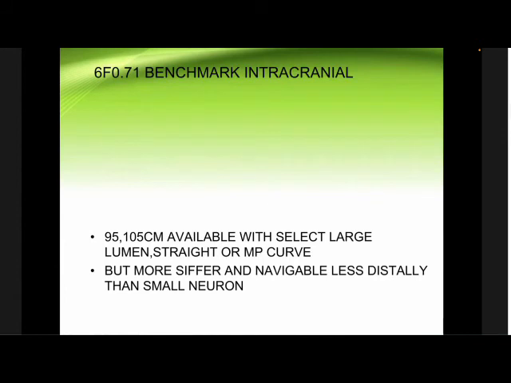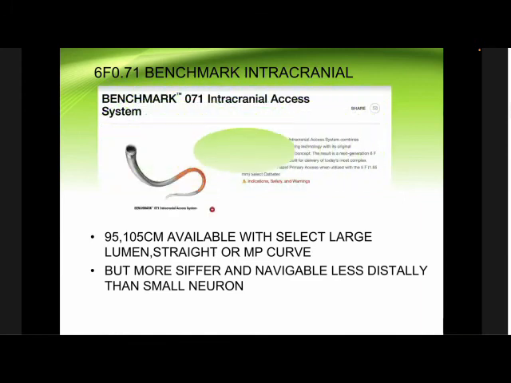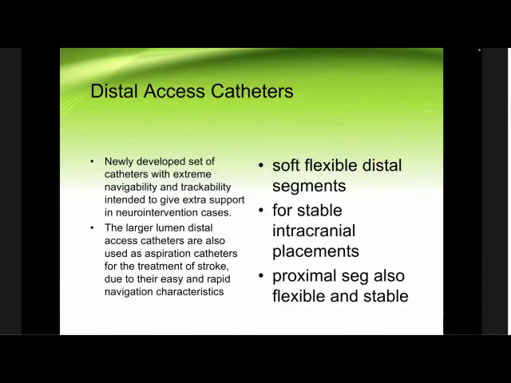Another product from the same company is the Benchmark intracranial access device, which is stiffer and has got a larger lumen, and it allows more devices, but it is less navigable than the Neuron.